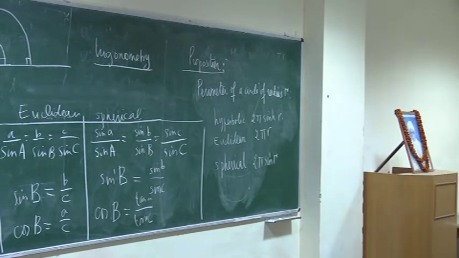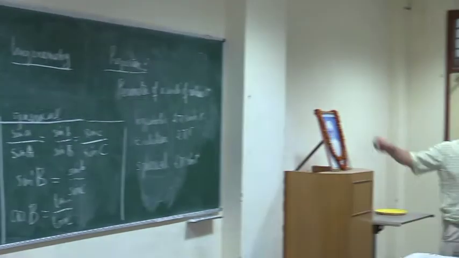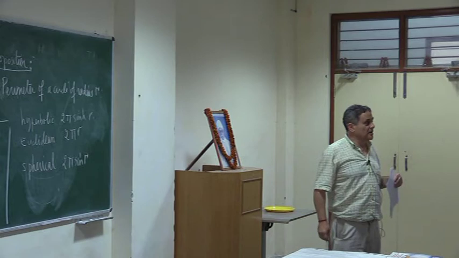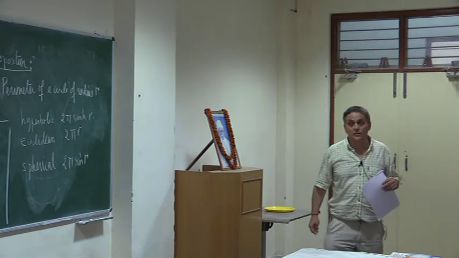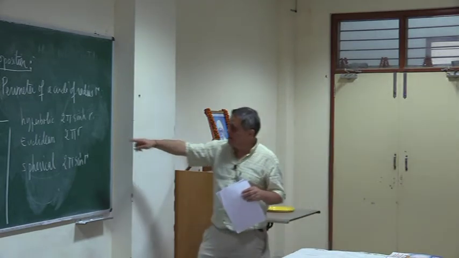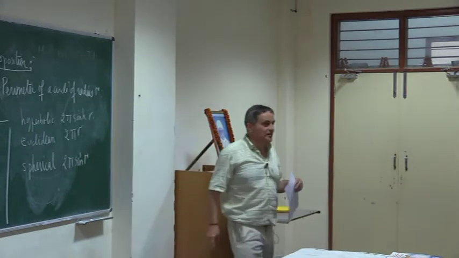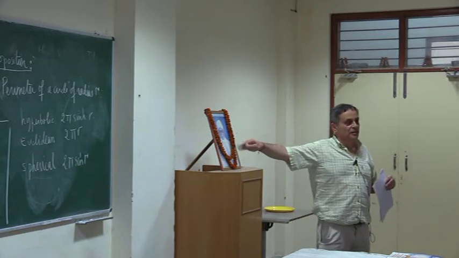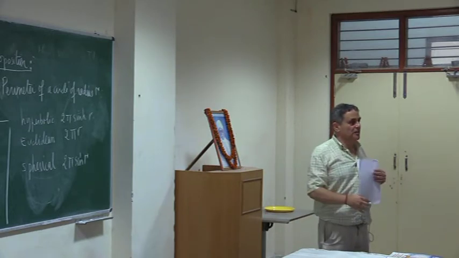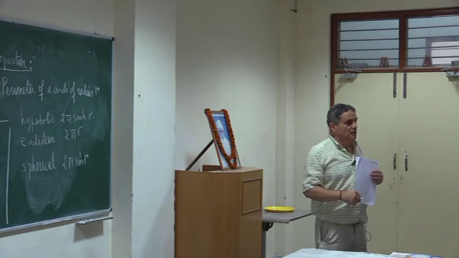Does somebody know the formula for the area of a disk of radius r? In the Euclidean case I know it, but I want it in hyperbolic and spherical. You cannot guess it from here, but does somebody know the response? No. Okay.